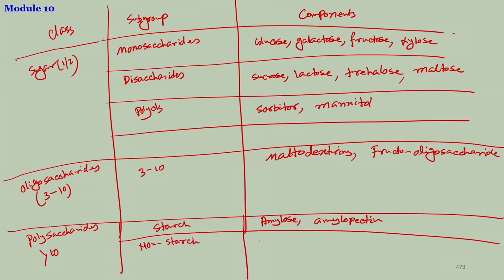Such as glycogen, cellulose of course, pectins, and so on. There are other examples also. So these are briefly the divisions, the different classes of carbohydrates.